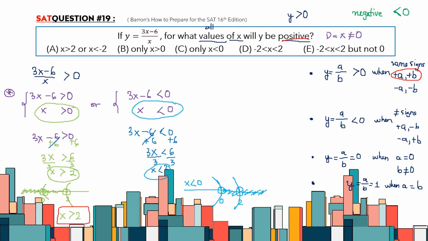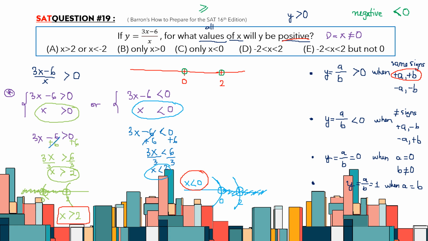To represent the answer on the number line, we open at 0 since 0 is not included. Included means you will see something like greater than or equal to.